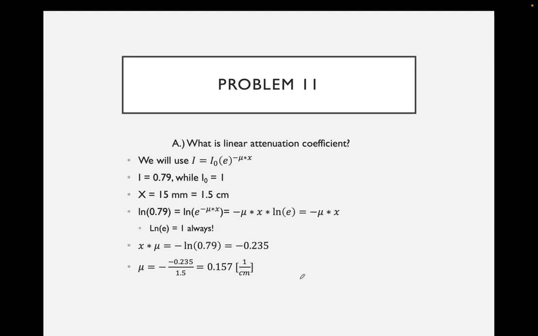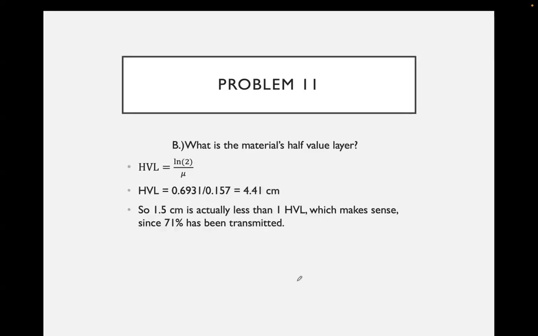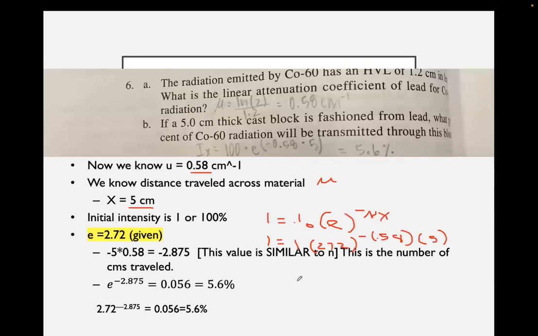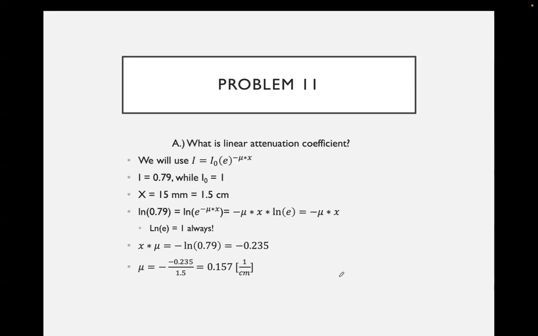And then the second part of the problem: what is the material's half value layer? So here's the coefficient. The half value layer we don't know, but we have the linear coefficient right here. So the half value layer is 0.693 divided by 0.157.